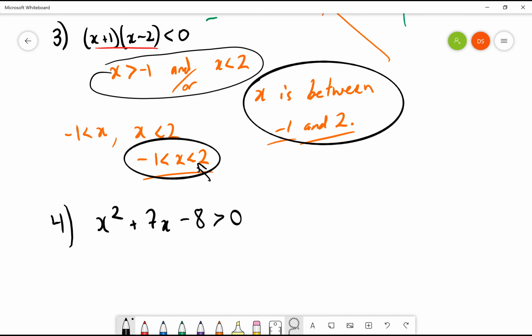See if you can work out that. Okay, it's slightly different. What are you going to need to do?